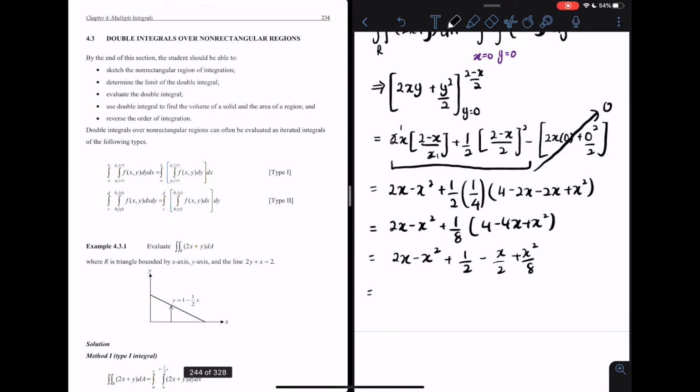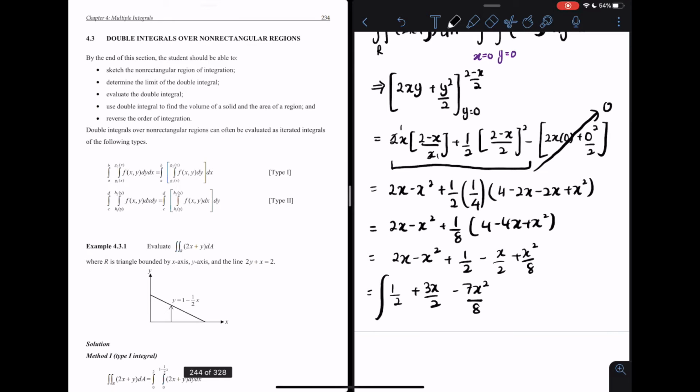Then I will get 1 over 2 plus 3x over 2 minus 7x squared over 8.